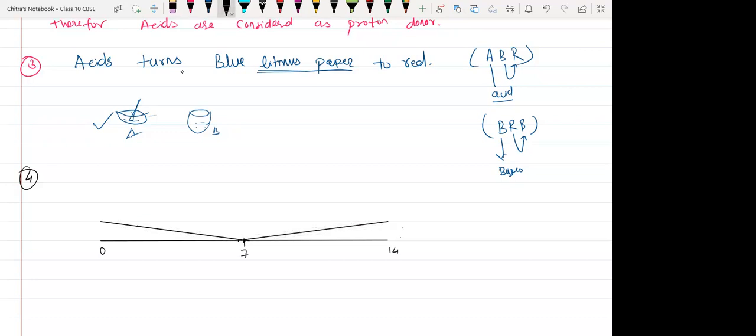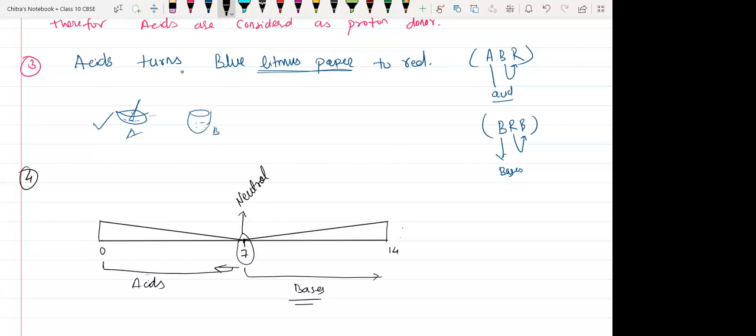See that pH value 7 is for a neutral substance. If the pH value is less than 7, on this side, from 7 down to 0, then they are acids. And if the pH value is more than 7, on this side, then they are bases.